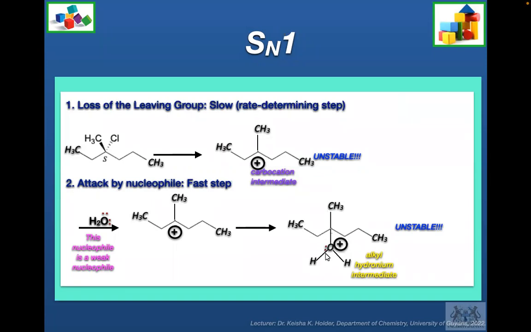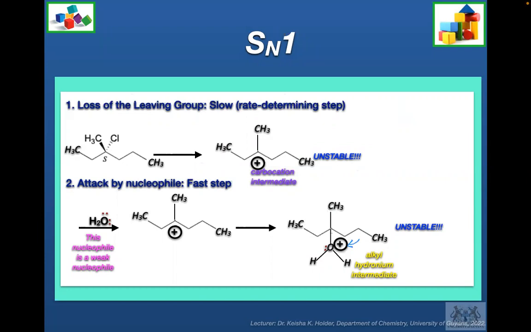However, we have a new issue. The issue here is that the oxygen came as part of a neutral molecule in the form of water. And so when it took one of its lone pairs to attack the carbon center in the carbocation, what that did is it forced the occurrence of a positive charge, a formal charge of +1 on the oxygen atom itself.